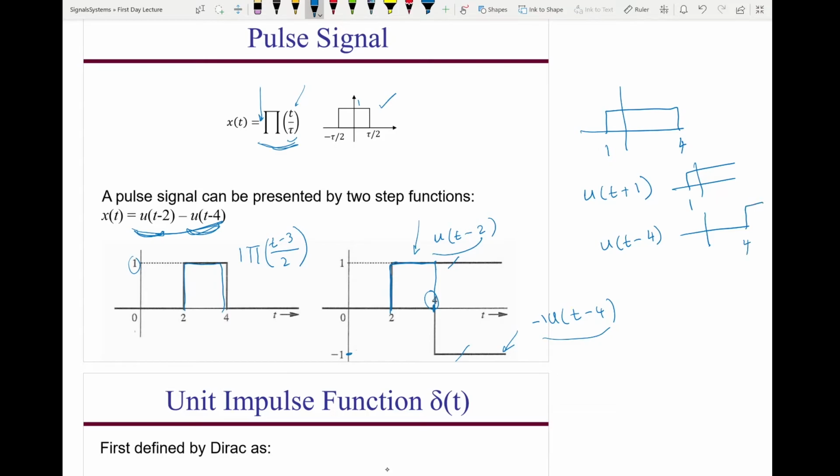Now if I subtract these from here, u of t plus 1 minus u of t minus 4, then I will end up with 1 until 4, minus 0 is just 1. Now 1 minus 1 is 0. So this is basically u of t plus 1 minus u of t minus 4.